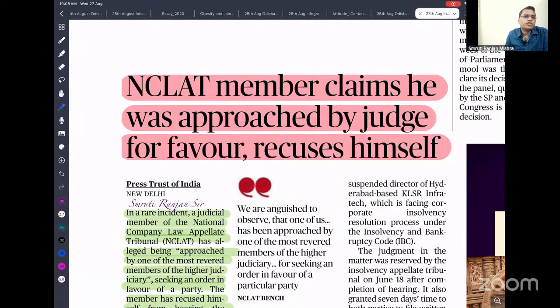In that case judges can recuse, that means decline to be part of the bench. Again, there are multiple instances where judges of the Supreme Court are recusing, refusing benches whenever their near, dear or friends are involved.